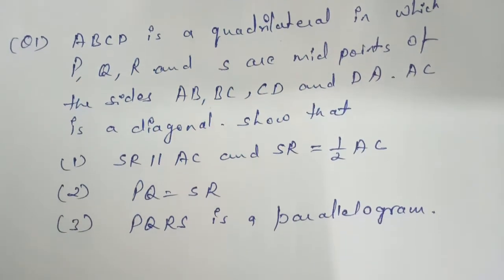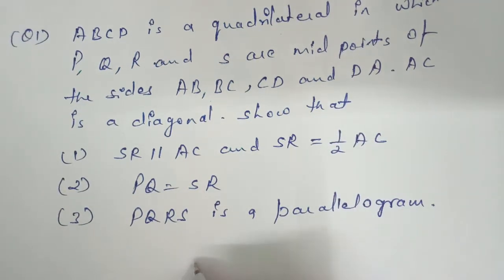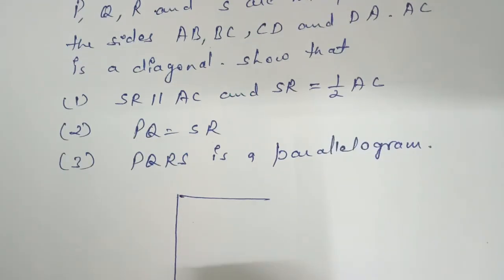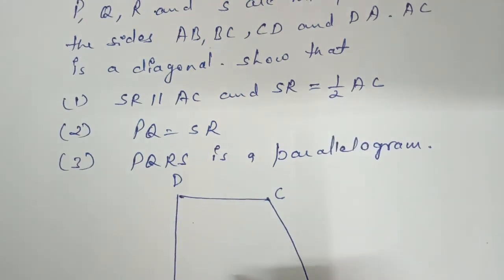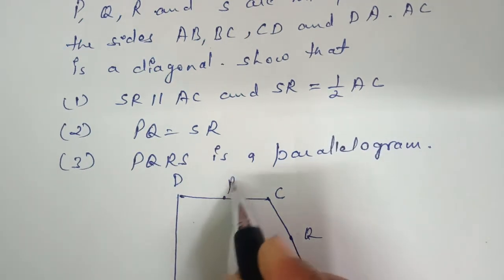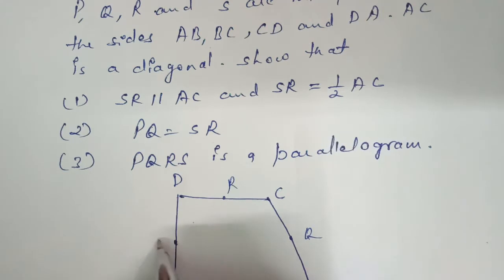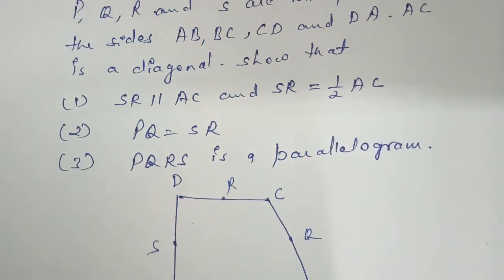So students, first of all we'll see the figure. We have a quadrilateral ABCD. So this is the figure. P, Q, R, S: P is the midpoint of AB, Q is the midpoint of BC, R is the midpoint of CD, and S is the midpoint of AD.